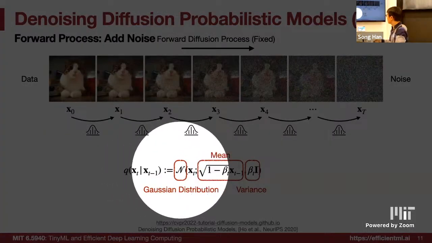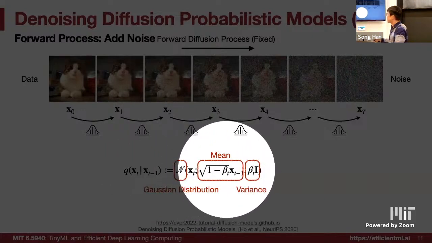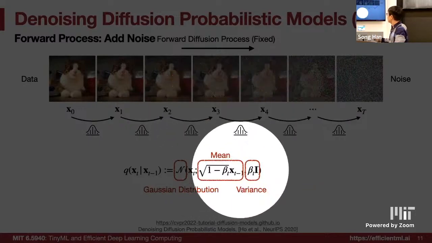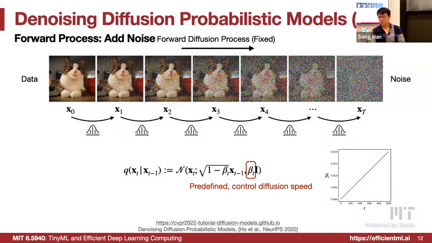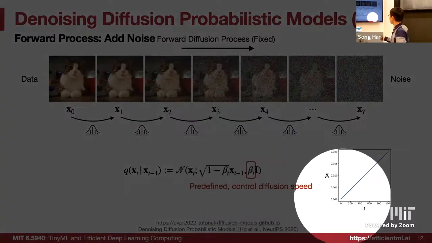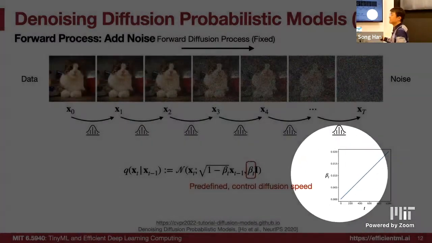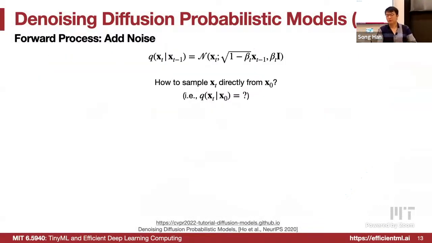It's a Gaussian distribution with the mean related to x_{t-1}, the previous step, and the variance is a Gaussian noise. This beta_t is predefined to control the diffusion speed. So this is the relationship between t and beta_t.